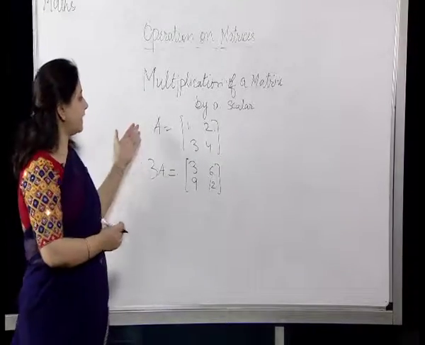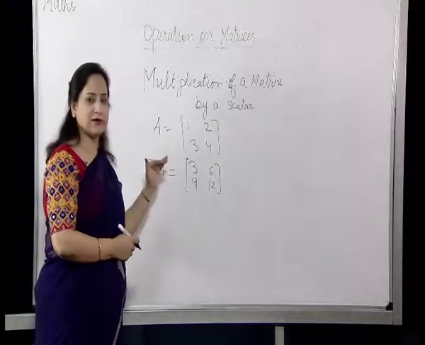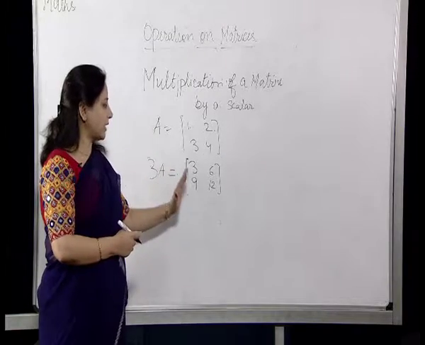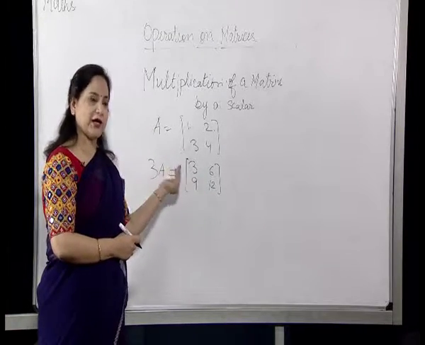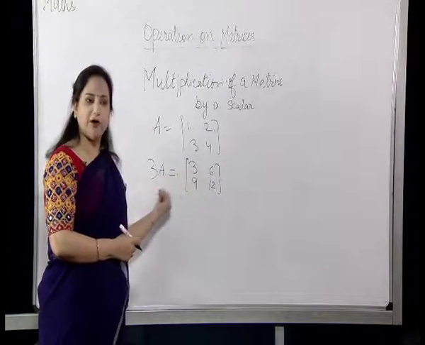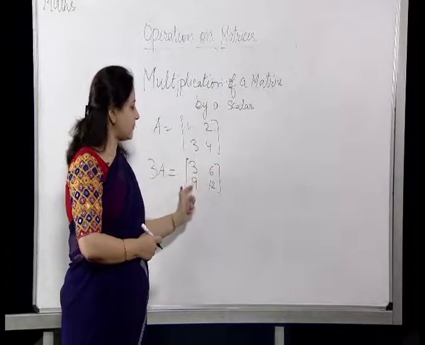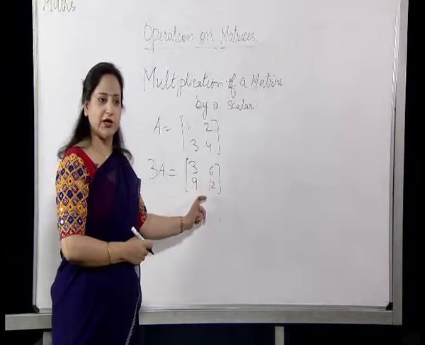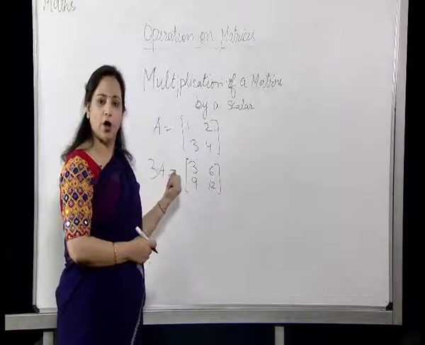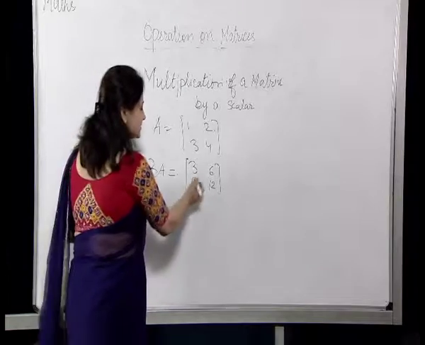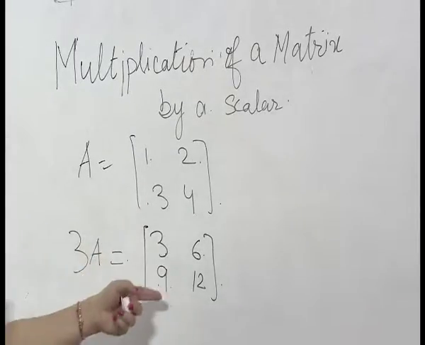So this is multiplication of a matrix by a scalar. Now similarly you can take common from the matrix also. If you see that all the elements are the multiples of 3, you can take out 3 common and you can write it as 3A by taking common.